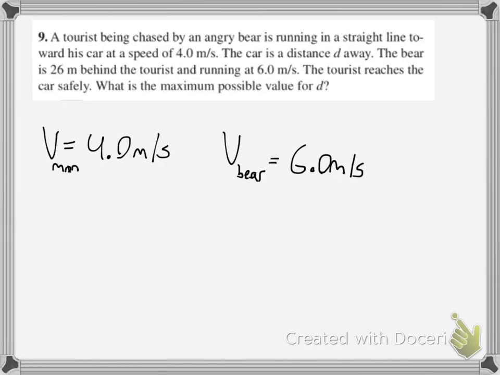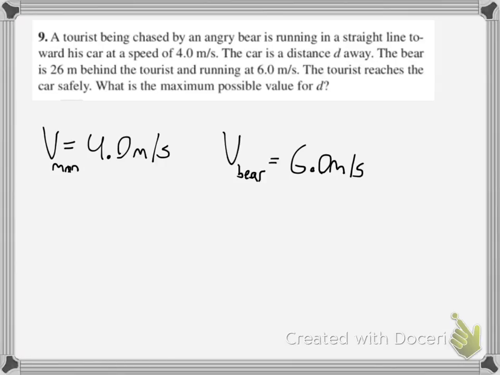So the trick here is to know that the tourist reaches his car before the bear can reach him. So we have to assume that the time it took the bear to reach him would either have to be more or just about the same amount of time that it took for the man to cover the distance.